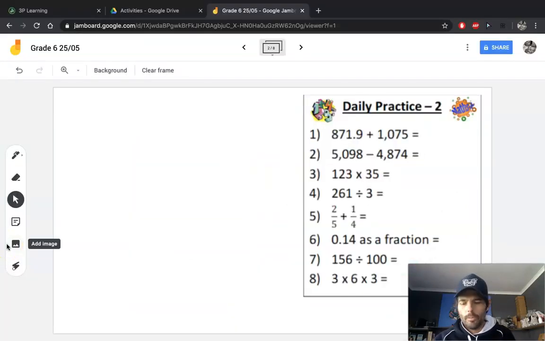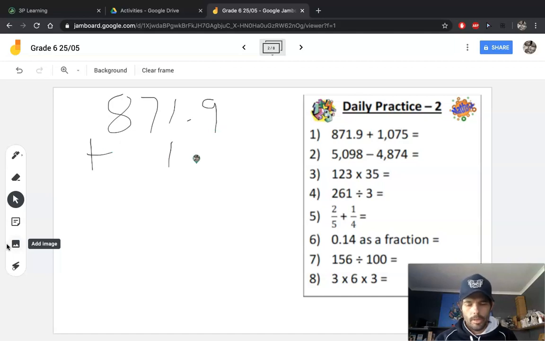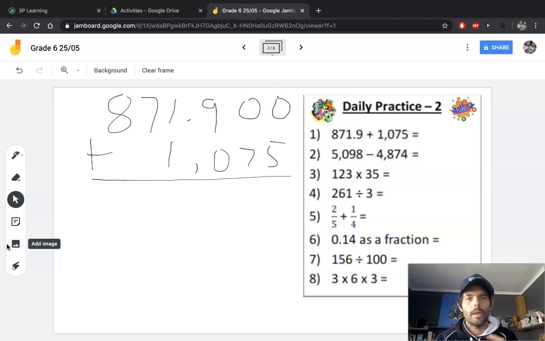Okay guys, question number 1. We need to just keep everything in the correct columns. That's the key here. 81.9 plus 1.075. Okay, and we should know that we need to fill in placeholders just to make the sum a little bit easier to understand.